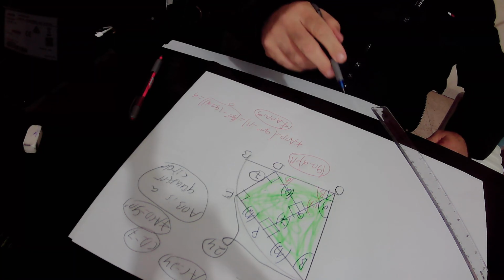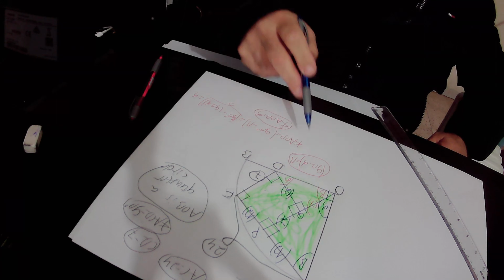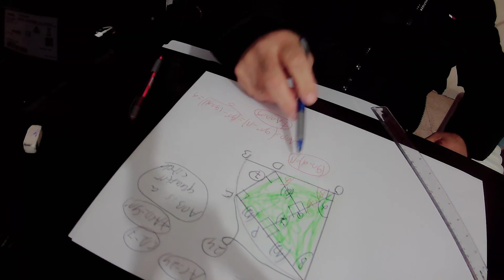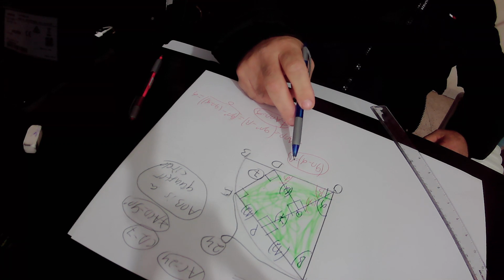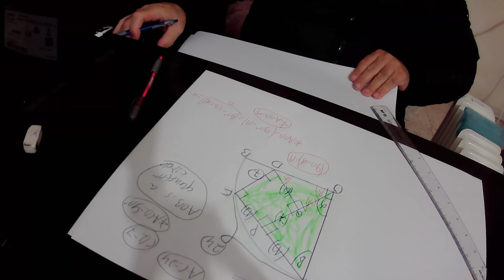We'll focus on the right triangle OQD. This right triangle OQD, I'll copy the right triangle OQD in a new page and find out the value of tangent alpha.